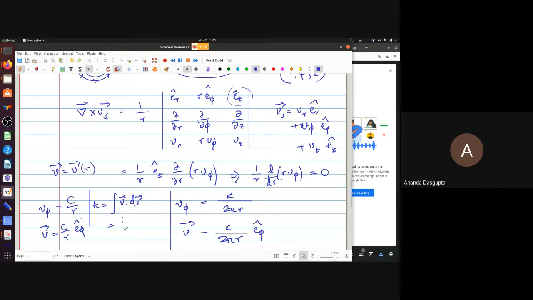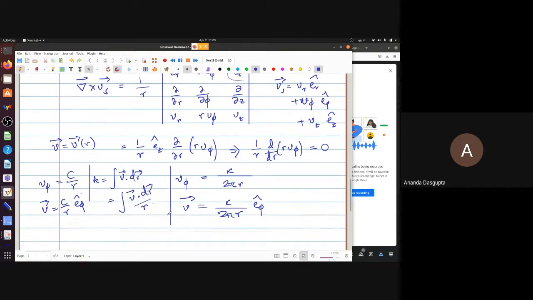So what should this be? V dot dr. When you are moving in a circle, what is the dr vector? That's a vector which is tangential. And how long is it? If this angle is d phi, the length is R d phi, right?